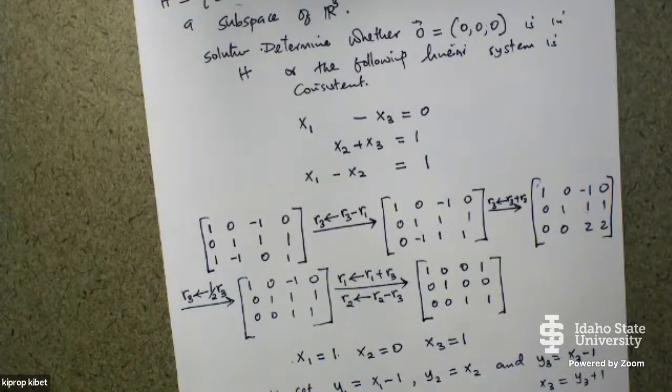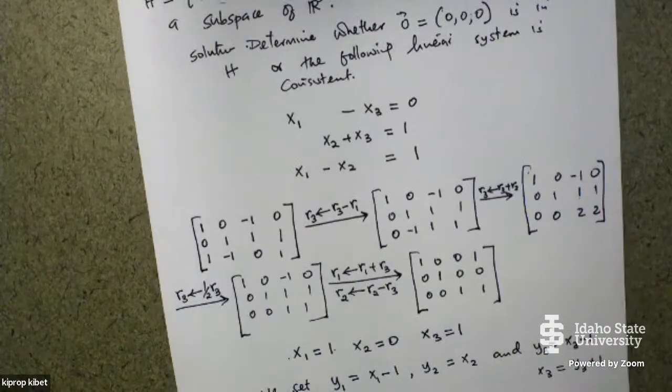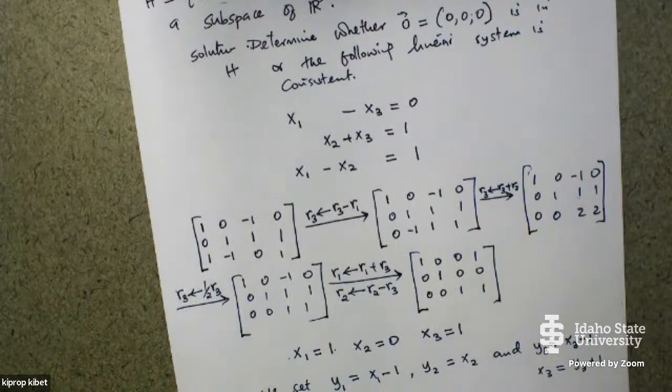And then our x2 there is y2, plus our x3 is y3 plus 1, and then minus 1, and then x1 is y1 plus 1, minus x2 is y2, and then minus 1, for all y1, y2, y3 elements of real numbers.